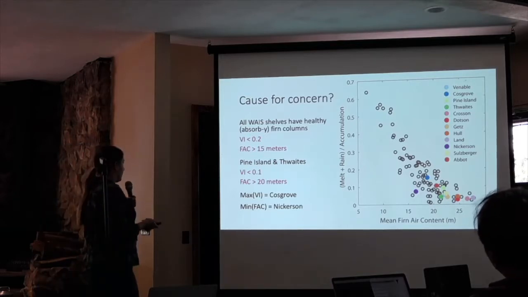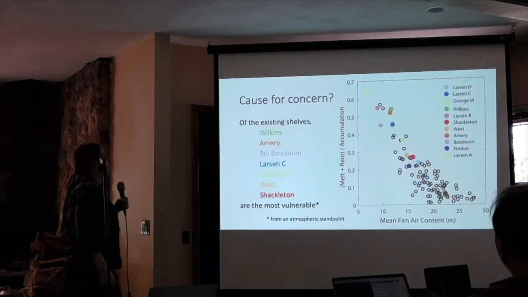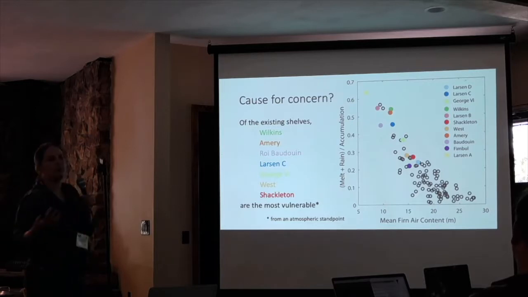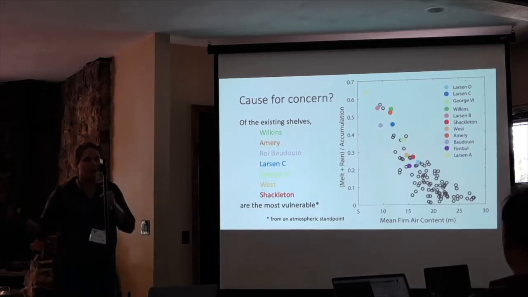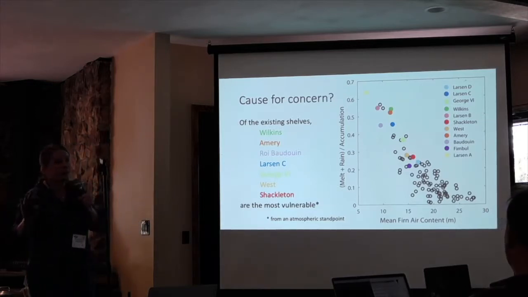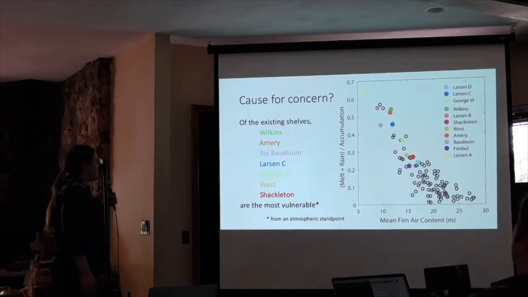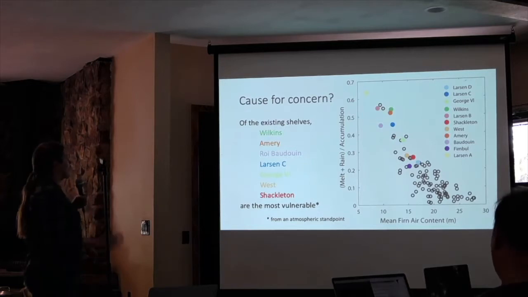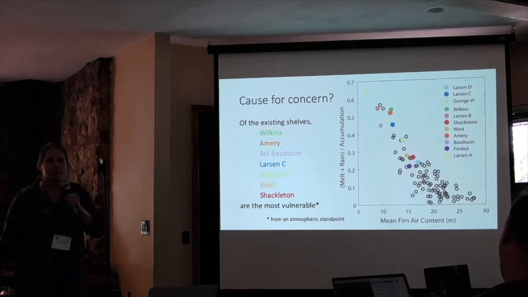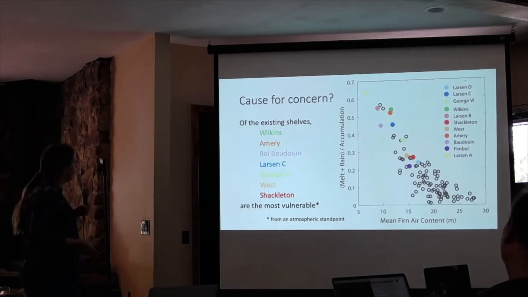So not particularly exciting, but as you start to see which ones are vulnerable, obviously the Peninsula, Larsen C, George VI. Obviously, I'm speaking only from an atmospheric standpoint here. There are other reasons why an ice shelf might collapse, but from an atmospheric standpoint, these are the ones that are doing the poorest.